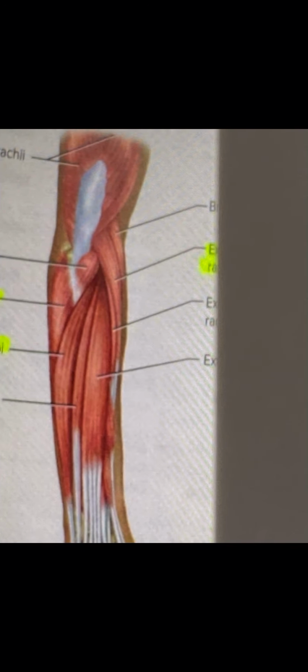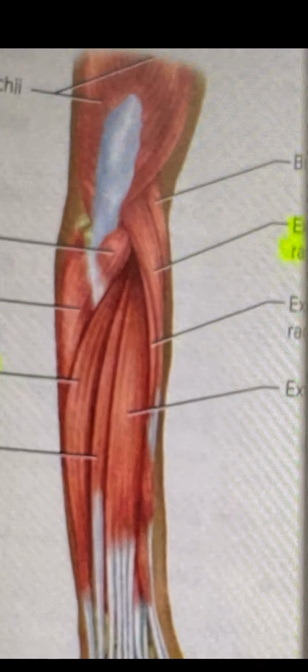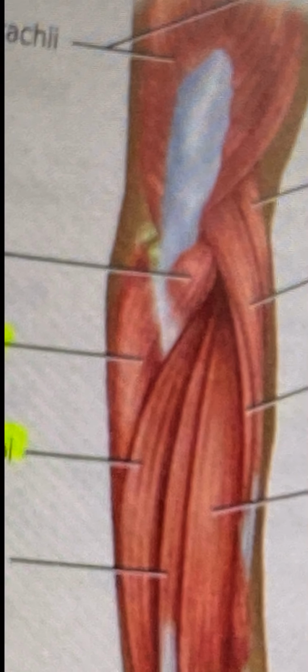Right at the top, right here is the extensor carpi radialis longus. At the top, the second muscle. Then the muscle right here is the flexor carpi ulnaris.